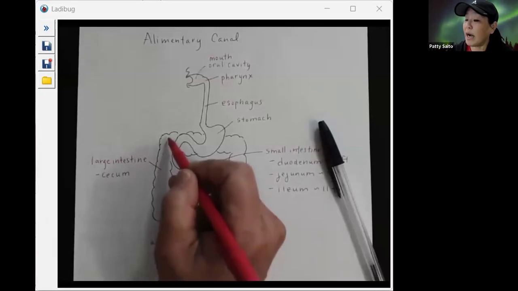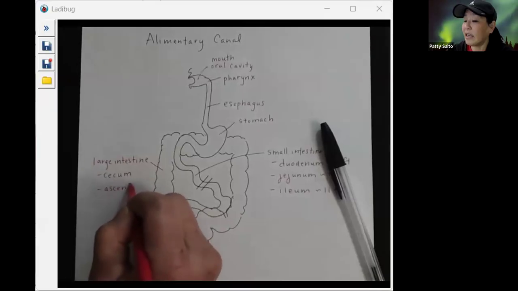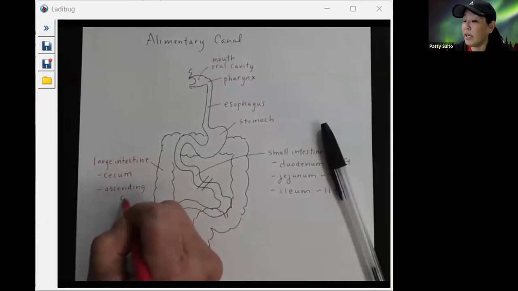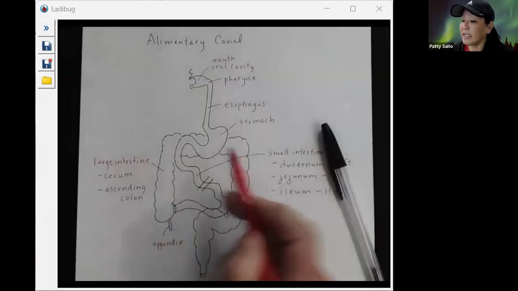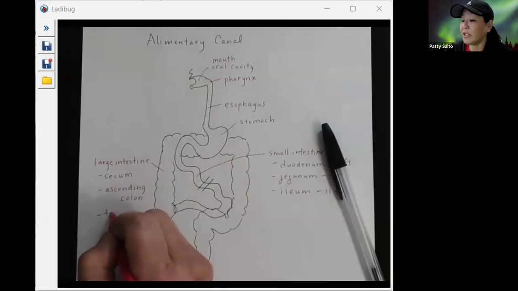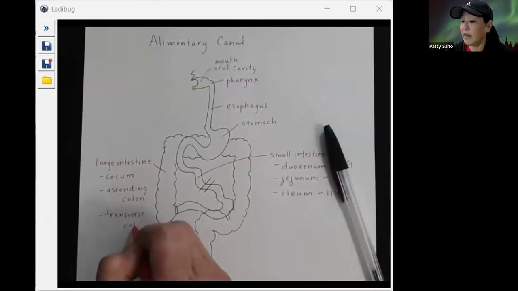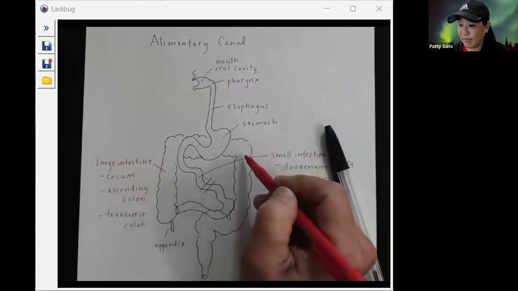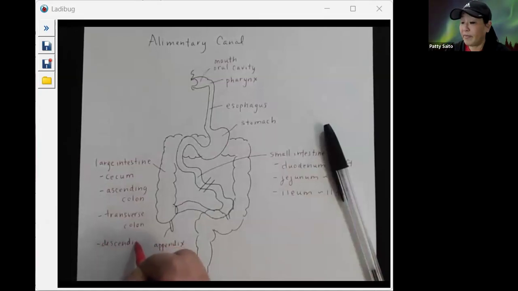Then we move up. So this is called the ascending colon. Then we're going to turn and come across to the transverse colon. And then we make another 90-degree turn and come down to the descending colon.